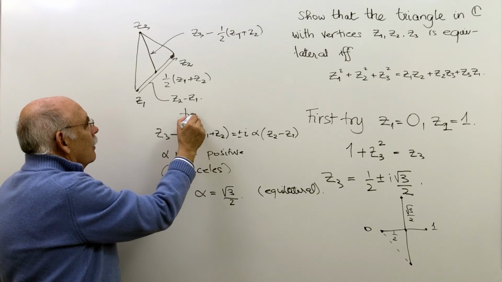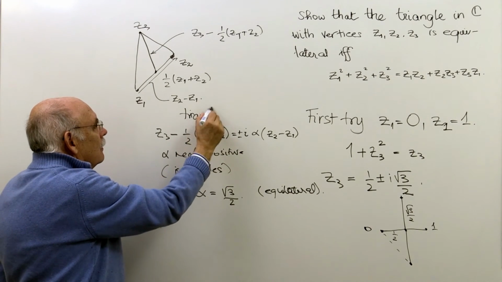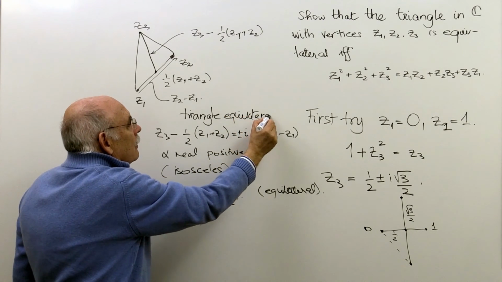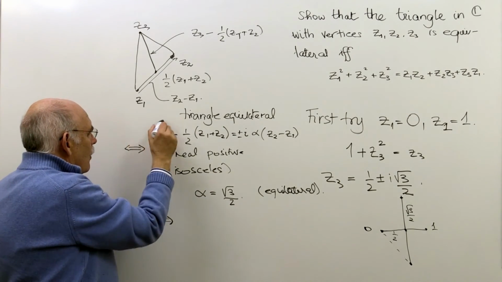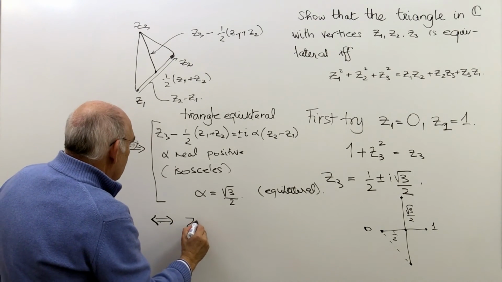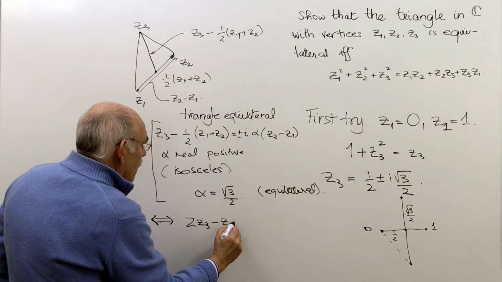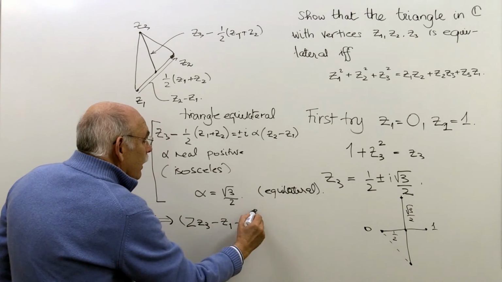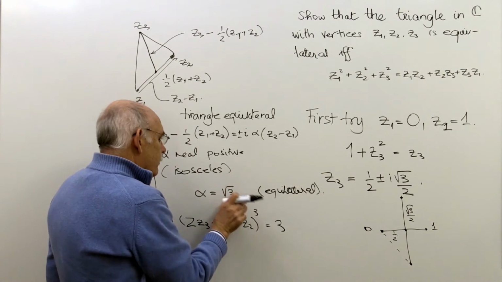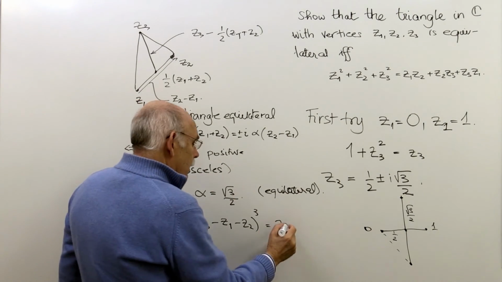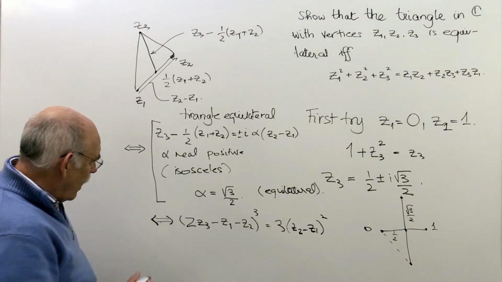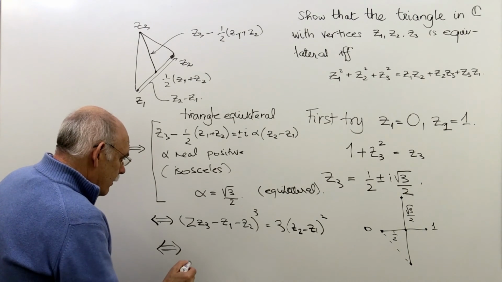So let's just say the triangle is equilateral if and only if this, that is the same as saying that (2z3 minus z1 minus z2) squared is equal to minus 3, that's the root 3 of it, well, the 2's gone because I multiplied by 2, we might square that, 3 (z2 minus z1) squared.